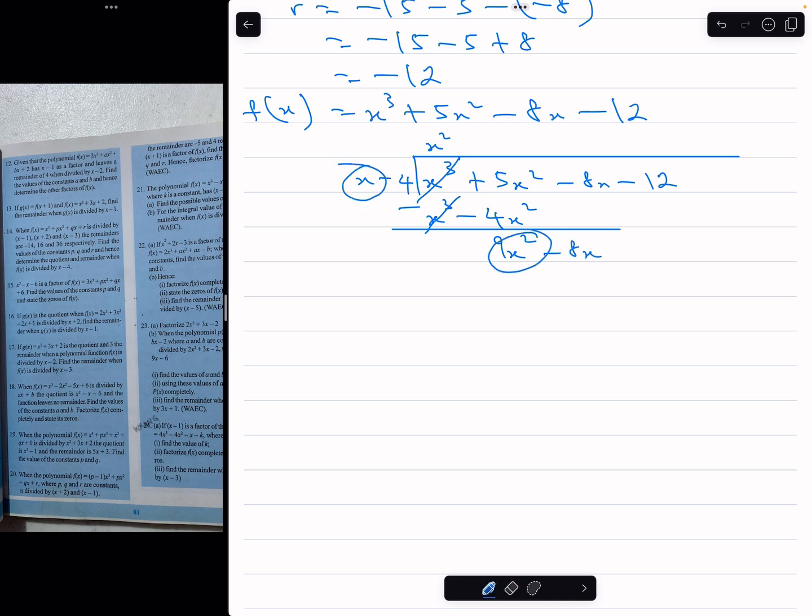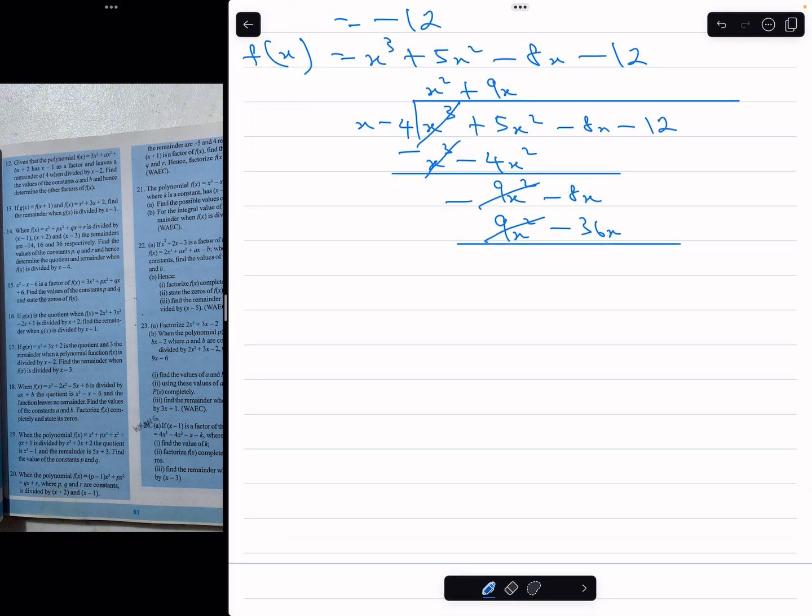Now 9x squared divided by x, that's plus 9x. When we multiply, we have 9x squared minus 36x. Now we subtract again. 9x squared minus 9x squared is 0. Minus 8x plus 36x, which is 28x.